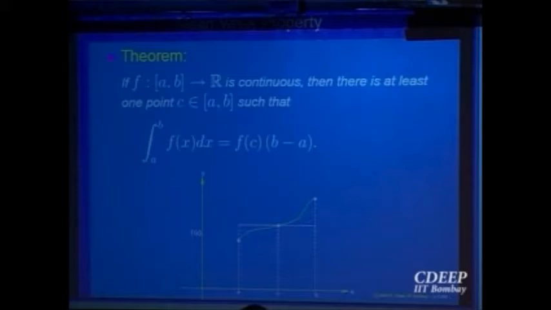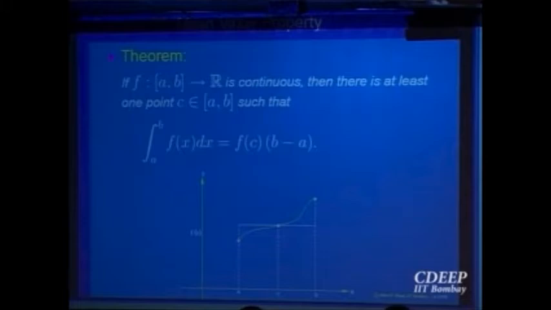If I want to bound the integral, what is its smallest value? Since f is continuous on a closed bounded interval, it is bounded. There is an infimum, the smallest value, small m, and a largest value, capital M. So this integral is between small m times (b minus a) and capital M times (b minus a).